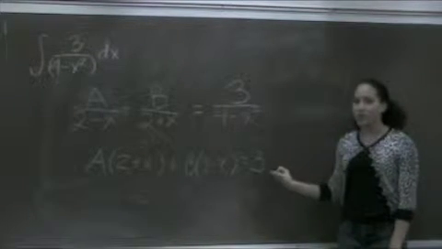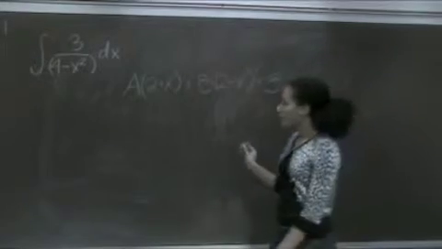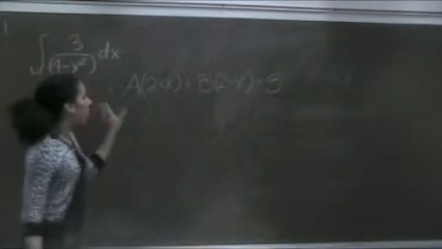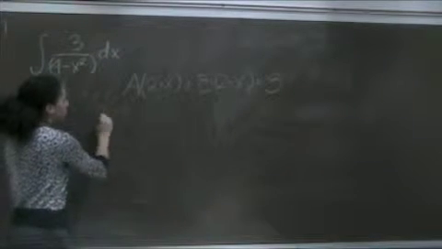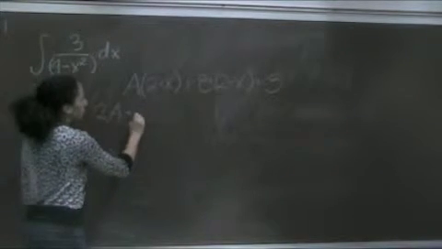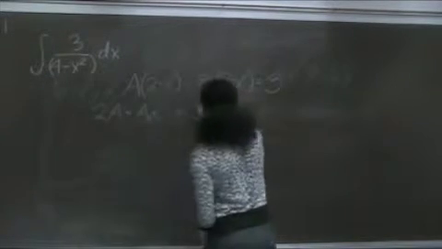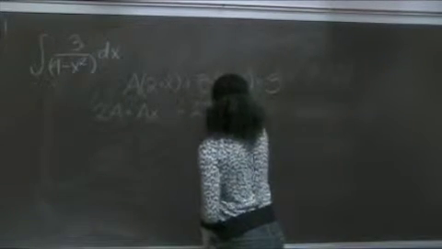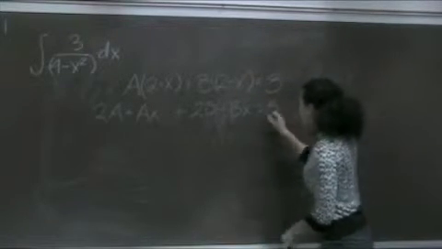And from here, we can set up a system of equations to solve for A and B. We do this by expanding both of the parts that are multiplied by A and B to get 2A plus Ax plus 2B minus Bx equals 3.